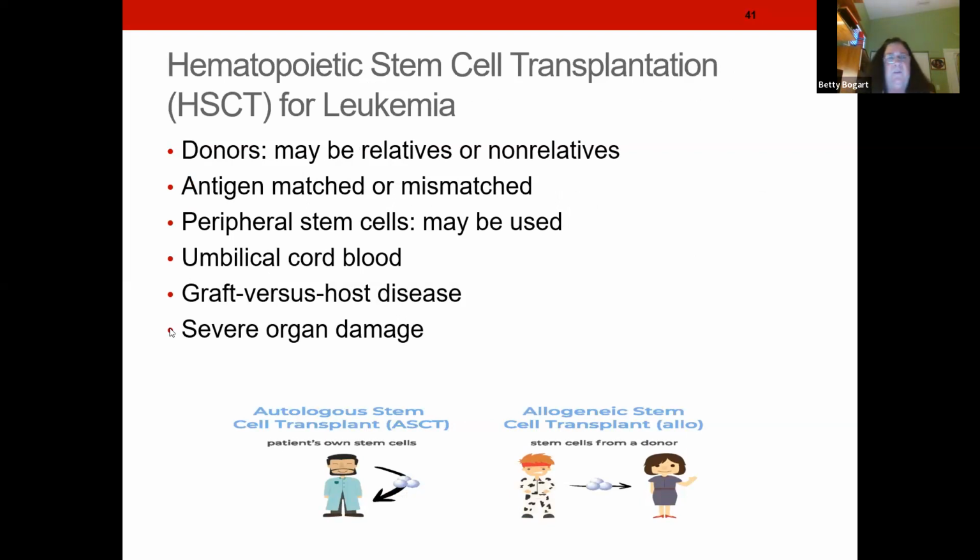You don't have to be a match like blood. It's not like you're A positive and the donor has to be A positive. No, it has nothing to do with that. It could be a relative or non-relative, but there's 2 sorts of stem cell transplants, and you need to know the name. Autologous.